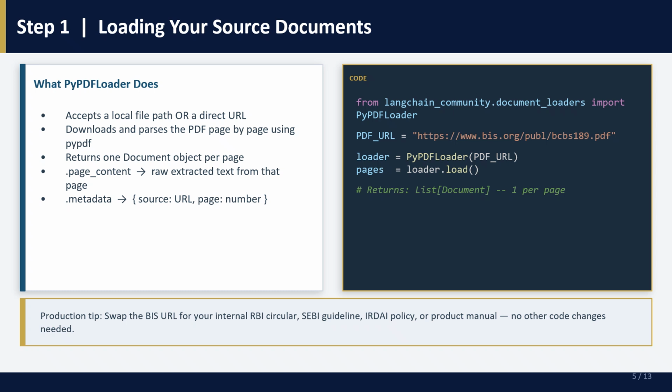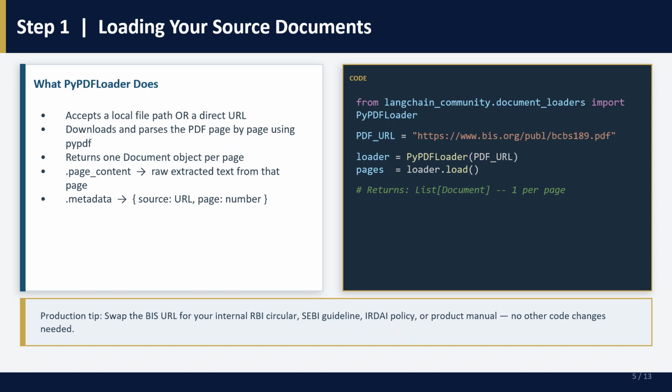In our case, we are pulling directly from the BIS website. The PyPDFLoader downloads and parses the PDF page by page using the PyPDF library under the hood. It returns a list of document objects, one per page. Each document has two things: the raw text content of that page and metadata, including the source URL and the page number.